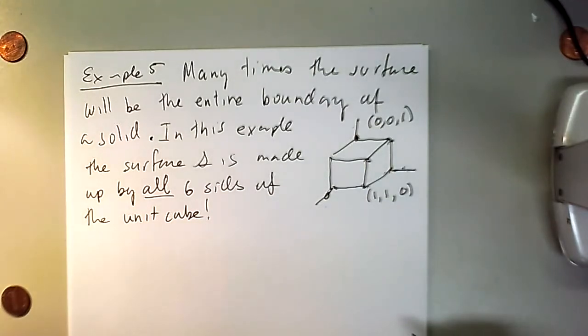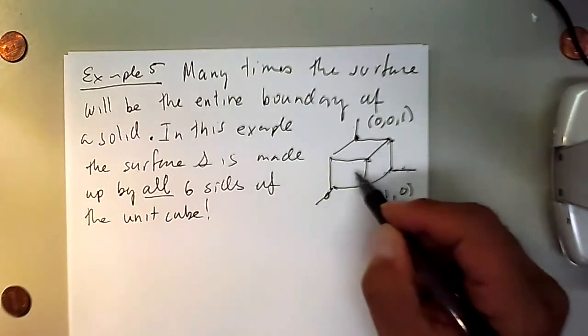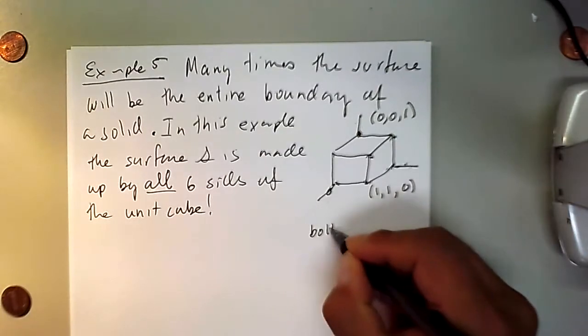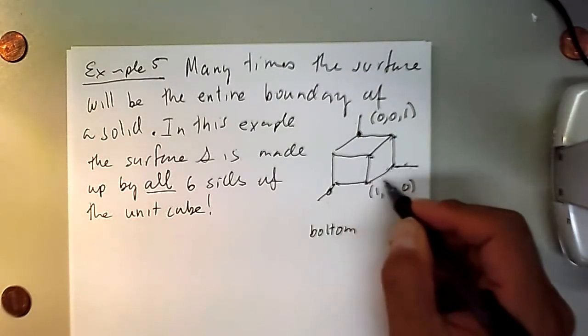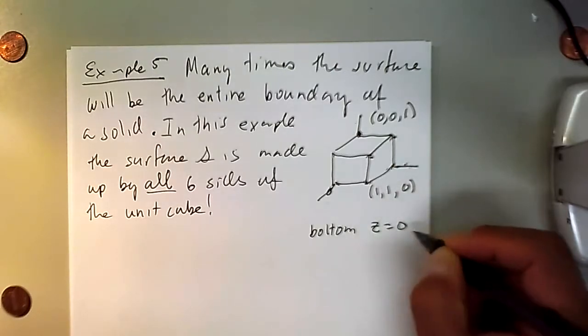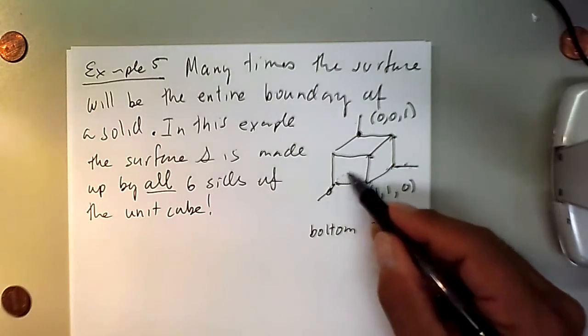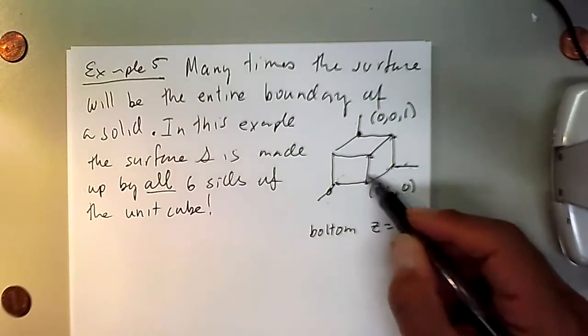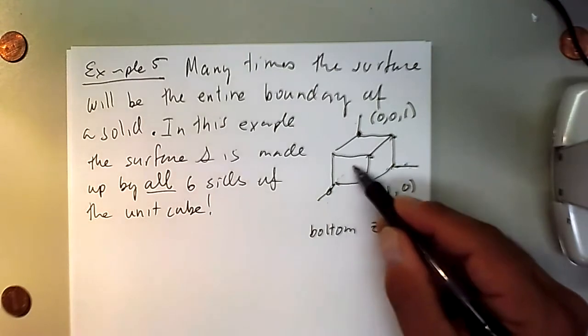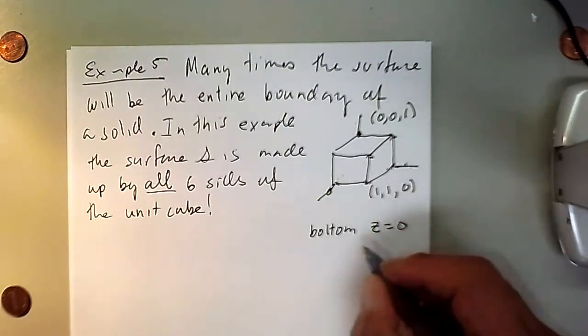Now, we're going to use different equations for each one of the sides. So for instance, on the bottom, what do we know about the z on the bottom? The z is equal to 0. And we can integrate with respect to x and y, as x goes from 0 to 1 and y goes from 0 to 1.